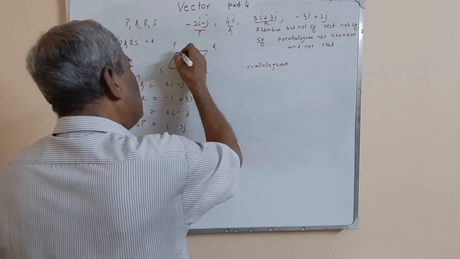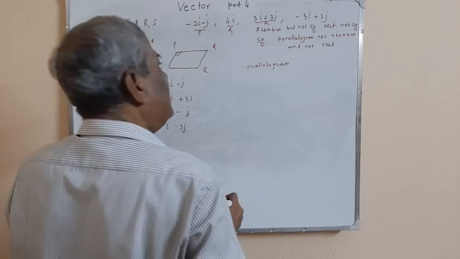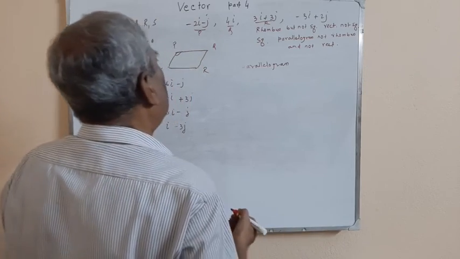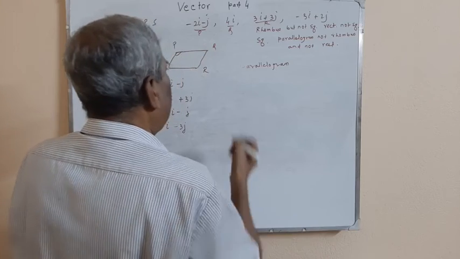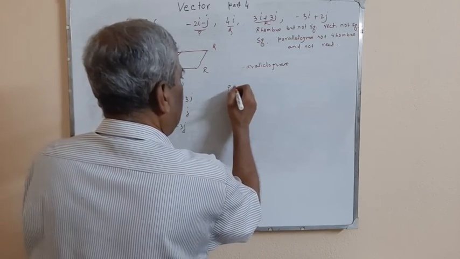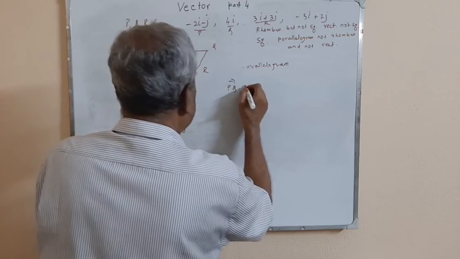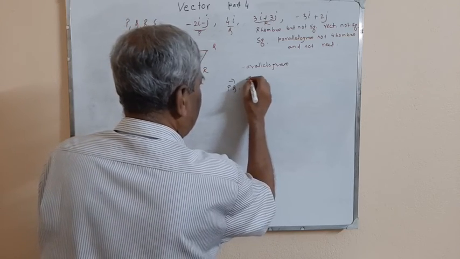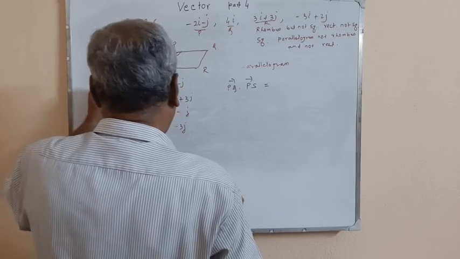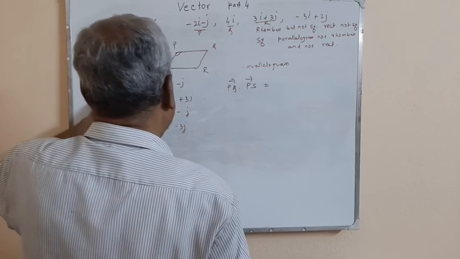If the angle between these is 90 degrees, then it may be a rectangle or square. Now PQ vector dot PS vector, SP, this and that.